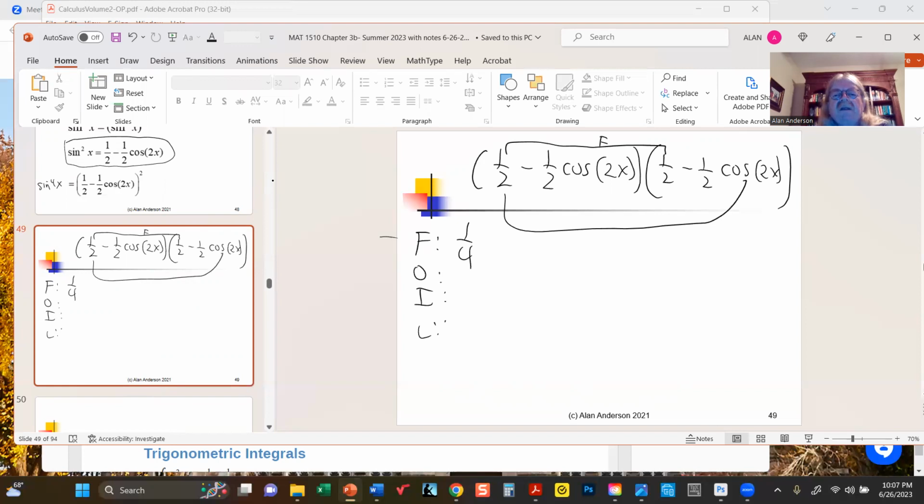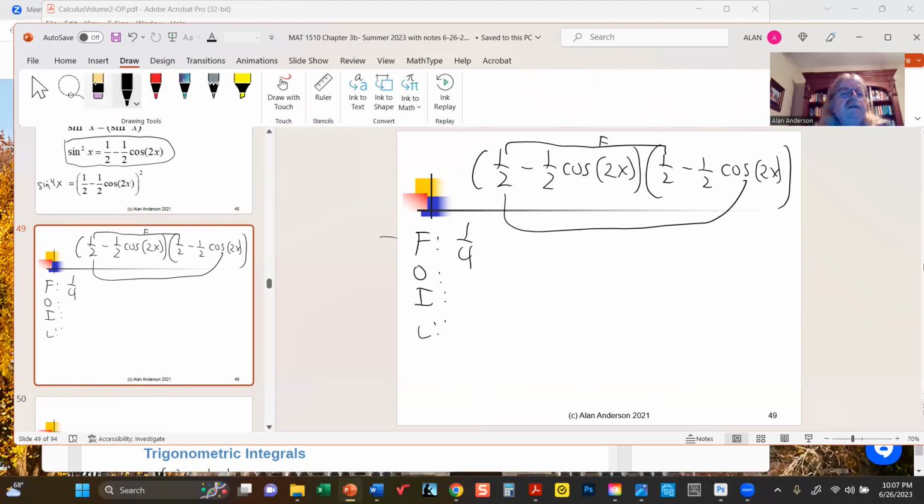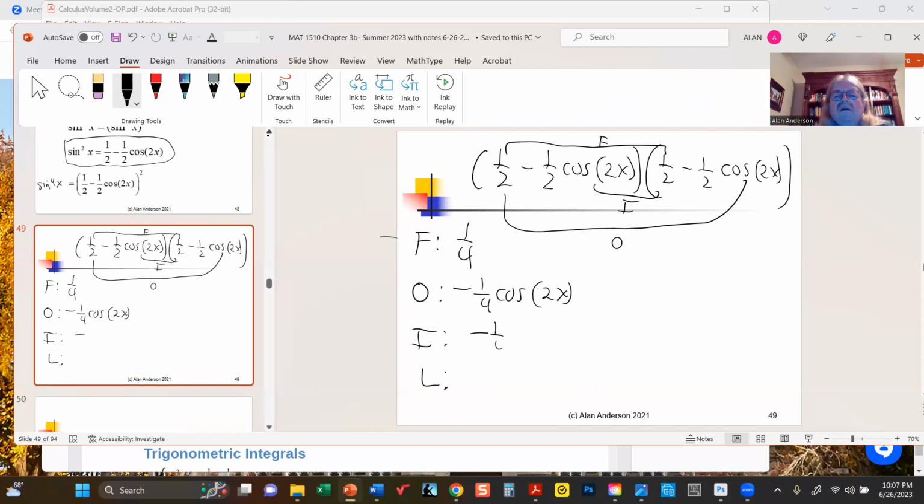O, now this is a half times negative a half cosine 2x. So the outer terms are negative a quarter cosine 2x. And the same thing is true with the inner terms. Negative a quarter cosine 2x. And then last is positive a quarter cosine squared 2x.